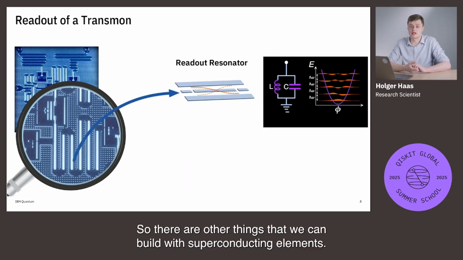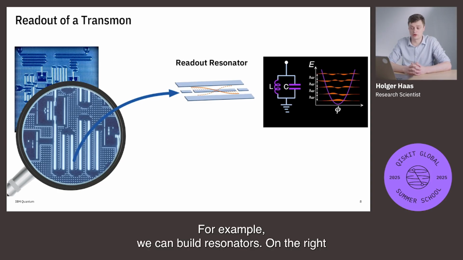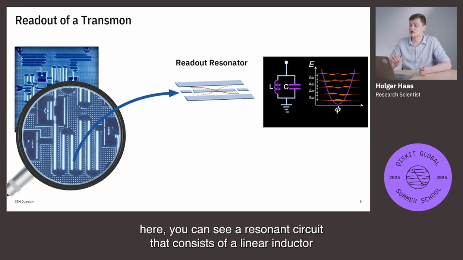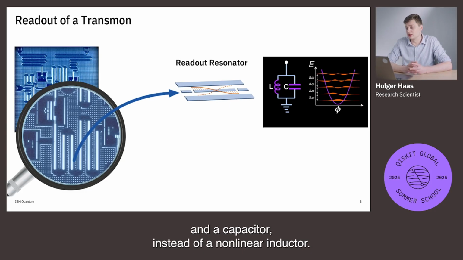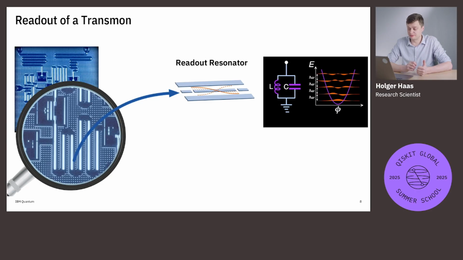So there are other things that we can build with superconducting elements. For example, we can build resonators. On the right here, you can see a resonant circuit that consists of a linear inductor now and a capacitor instead of a nonlinear inductor.